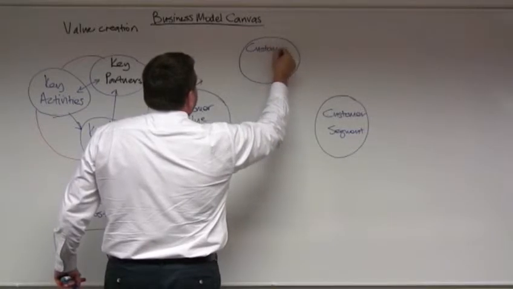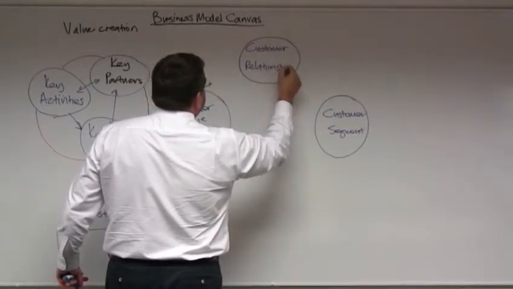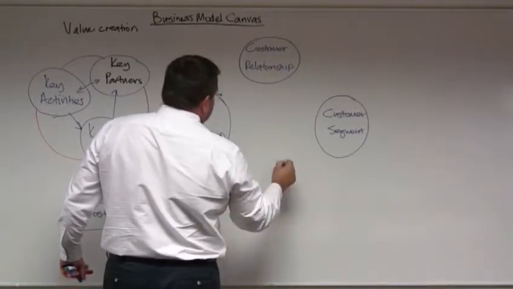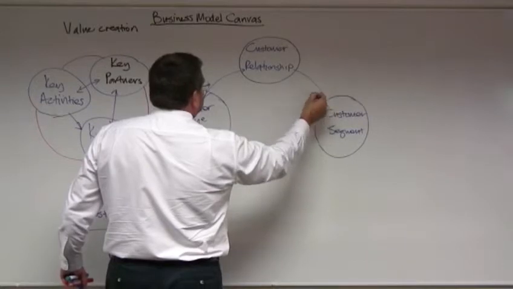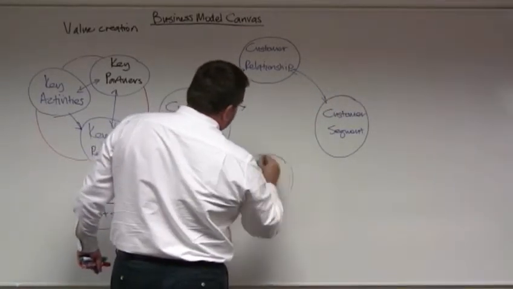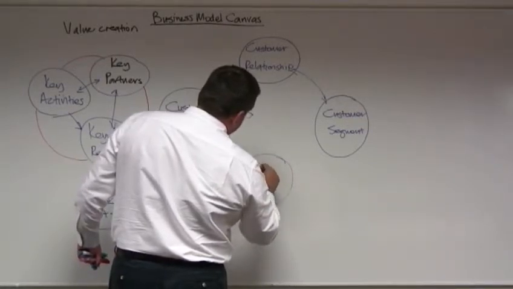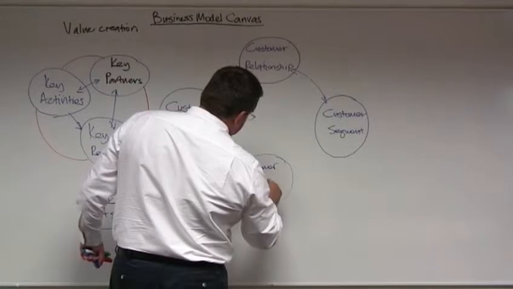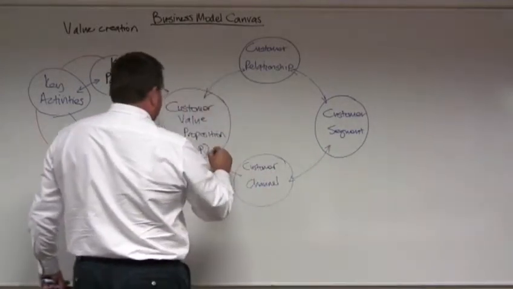First of all, he added this notion of the customer relationship, and basically for completeness, this connects between that and that. And then he also added this idea of a customer channel, and again, there's a relationship here.